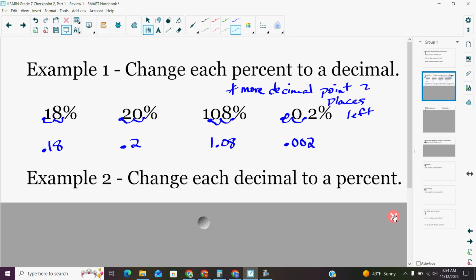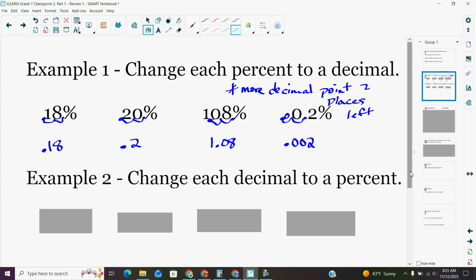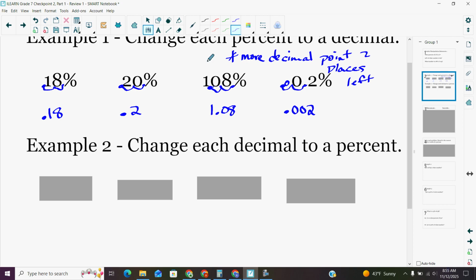Example 2 asks us to do exactly the opposite, change each decimal to a percent. Think through how we will do that. If we move the decimal point 2 places to the left to go from percent to decimal, then to go from a decimal to a percent, so I'm going from 0.18 and I want to get to 18%, now it makes sense.